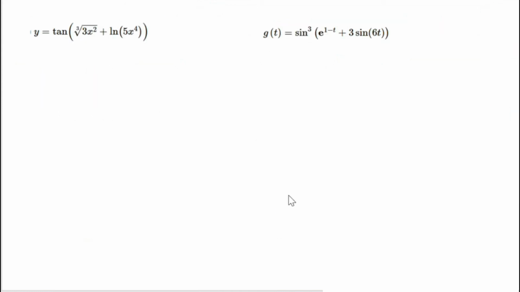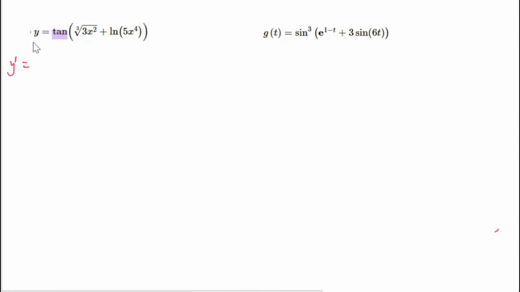But let's try another one. So we have y is equal to tangent of this angle. We have the cube root of 3x² plus ln of 5x raised to the fourth power. So we have y prime is equal to, first, we are going to take the derivative of tangent. And we know that the derivative of tangent is equal to secant squared of the angle.